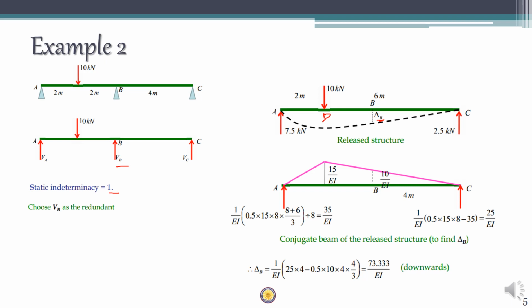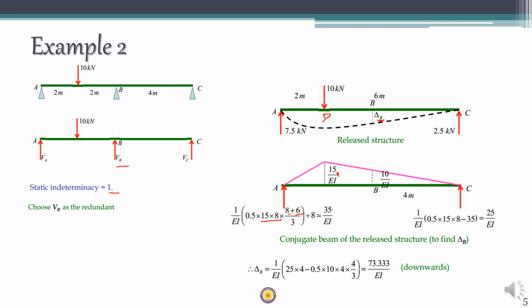So RA into 8 is equal to the area of this triangle, which is half into 15 into 8, multiplied by the distance of the centroid, which is 8 plus 6 by 3, and the whole is divided by 8.